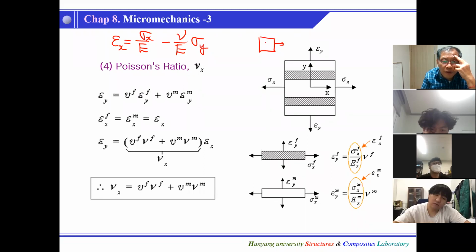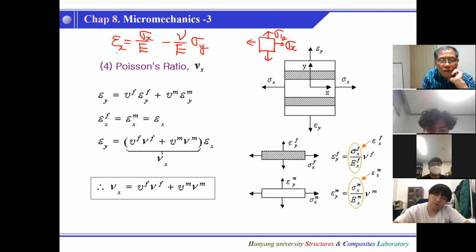For example, we have some material, and this is the sigma x, and this is the sigma y. I'd like to just remind you of this simple definition of Poisson's ratio.